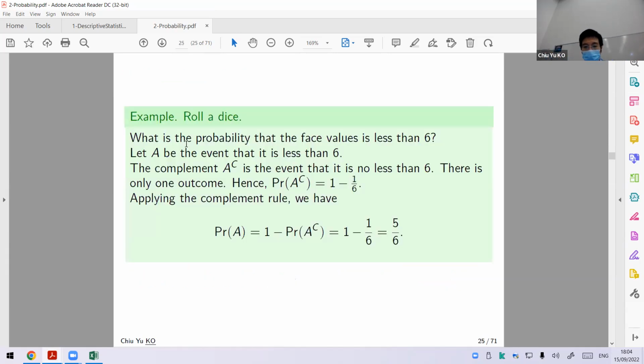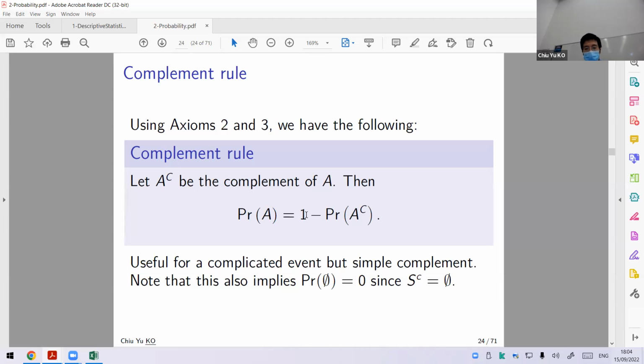The proof is very simple. The probability of the sample space is 1.